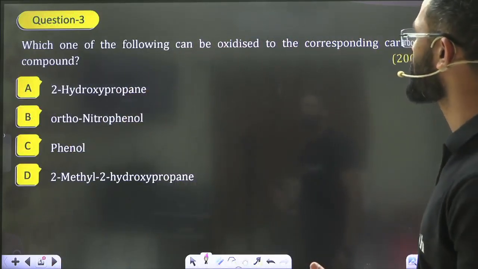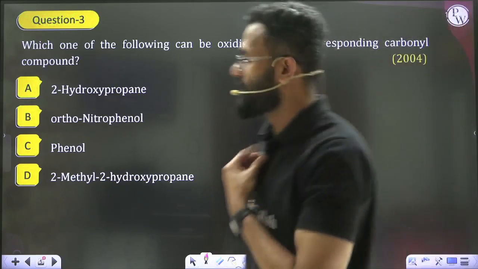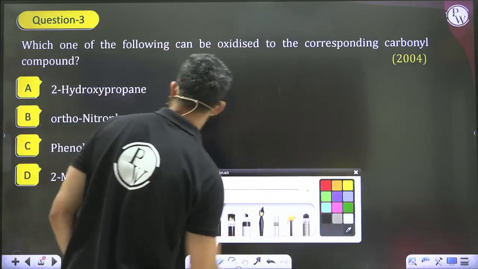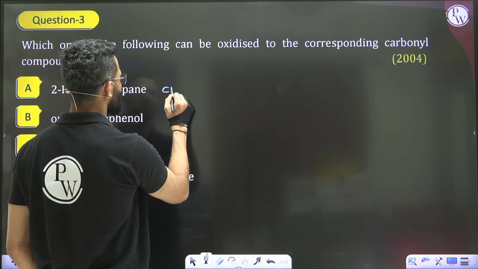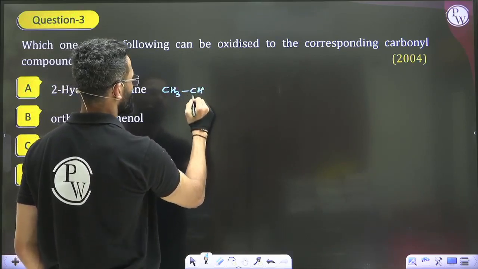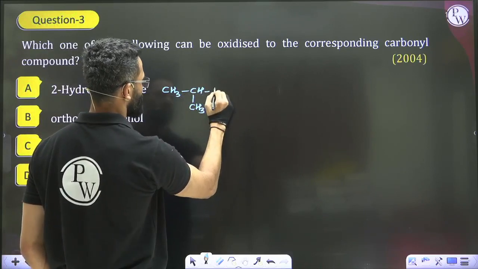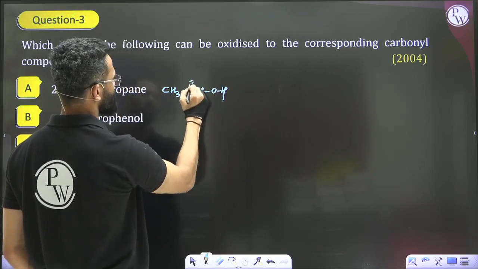Which one of the following can be oxidized to the corresponding carbonyl compound? Okay, guys. Let us start with the first option given here. 2-hydroxypropane. Well, 2-hydroxypropane is nothing but propan-2-ol. Yes, this is propan-2-ol. You can say the alcoholic OH is connected to a secondary carbon atom.